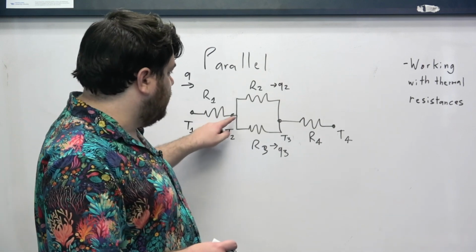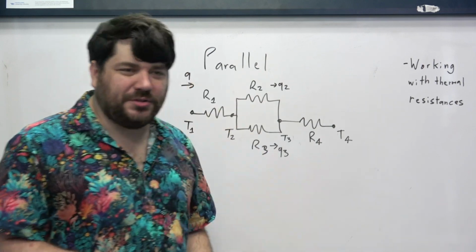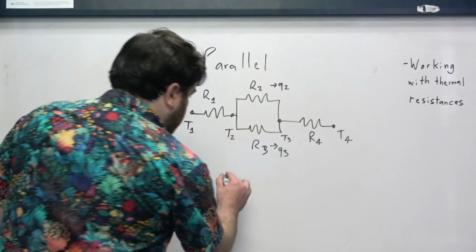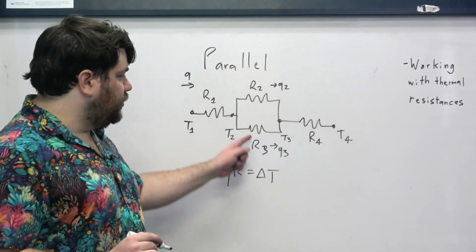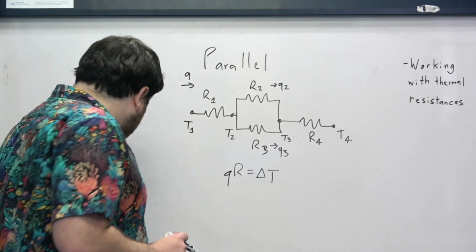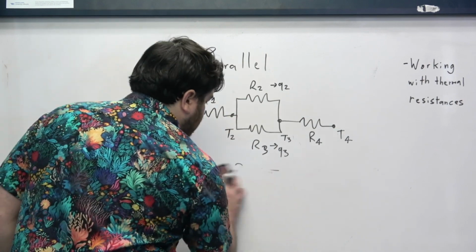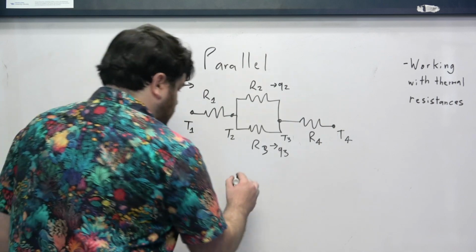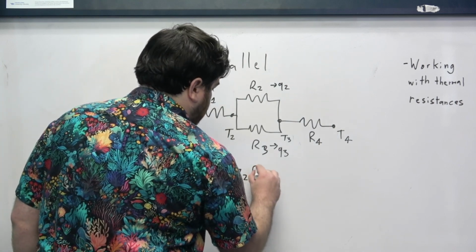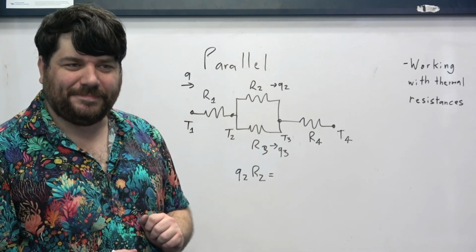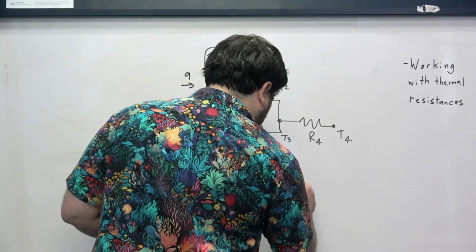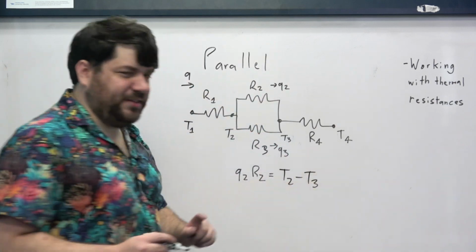Well, notice that for both of these resistances, the temperature difference is the same. All right, so Q times R is equal to delta T applies for both of these thermal resistances, except that now the Q's are different, but the temperature difference is the same. Okay, so this is T2 minus T3.